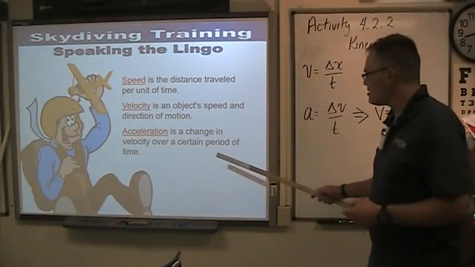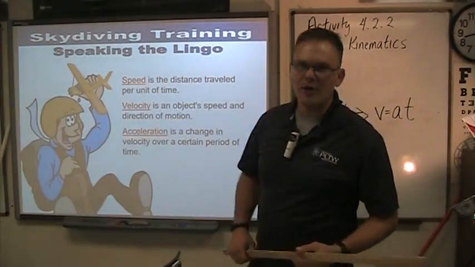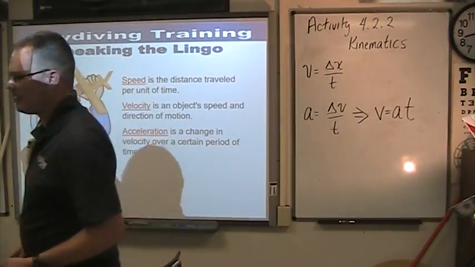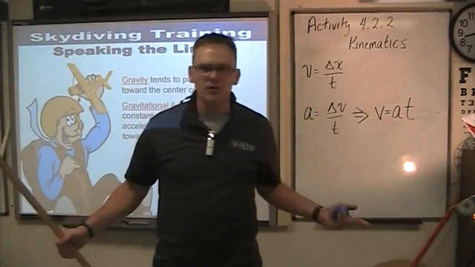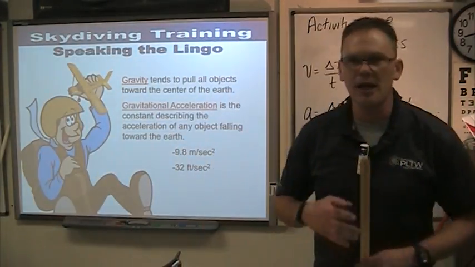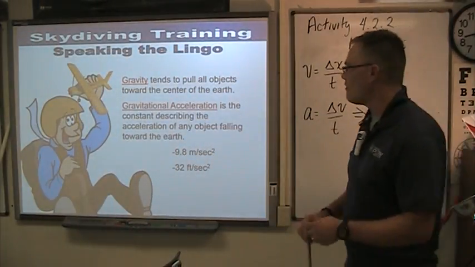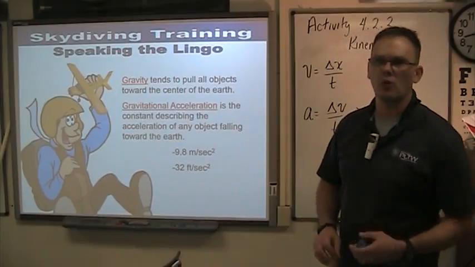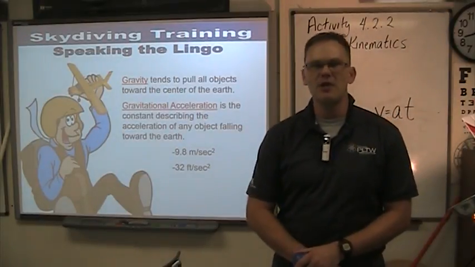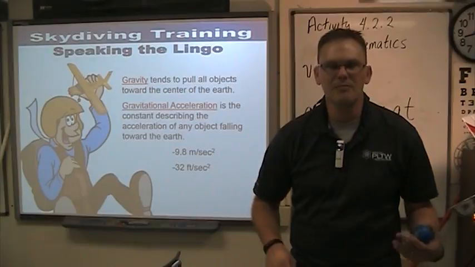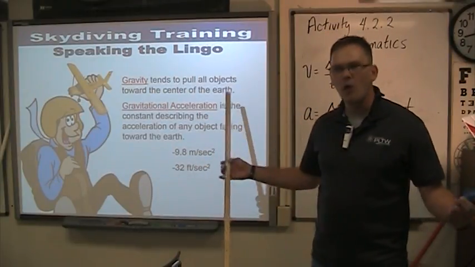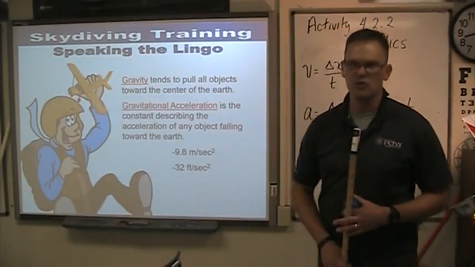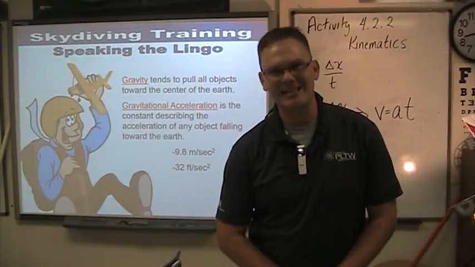For instance, we know acceleration as gravity, which is a force, but it's also an acceleration. Gravity tends to pull objects toward the earth. And we know gravity as an acceleration of 10 meters per second squared, or 9.8 meters per second squared, or 32 feet per second squared. What does this mean?